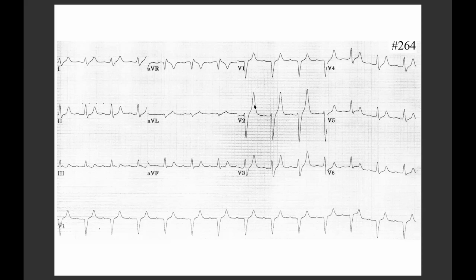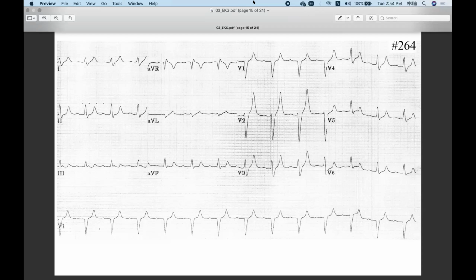Because so far we've had the flattened P wave, and then if we move to the ST segment, maybe there is elevation of the ST segment? No, it's not elevated. However, as you see here, the T wave in V2, V3 is very tall.